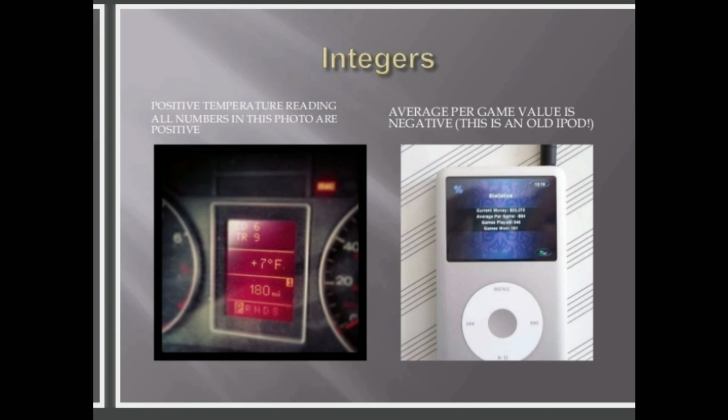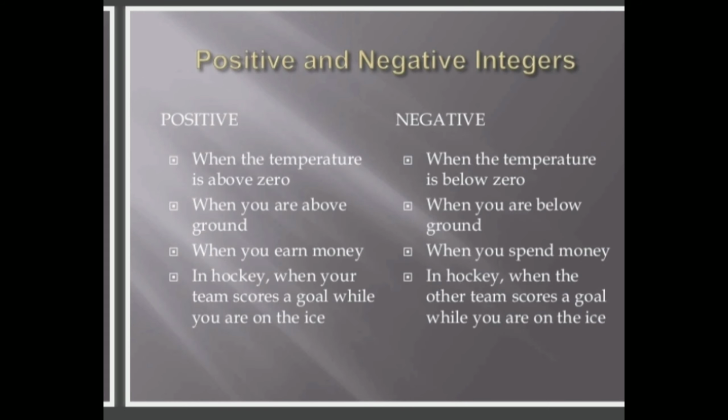Just now we discussed positive and negative integers. See here positive what I written here. When the temperature is above 0, that is 1 degree, whether it is in Fahrenheit or Celsius degree centigrade. See here, when the temperature is above 0 here, we can say all positive values.